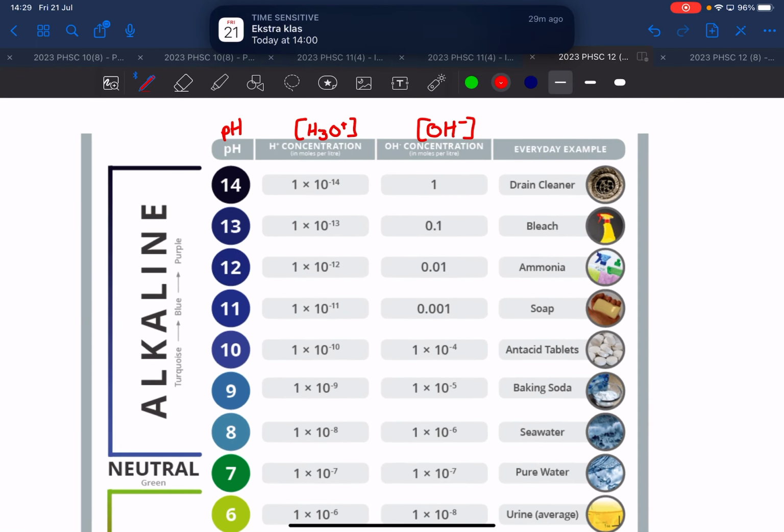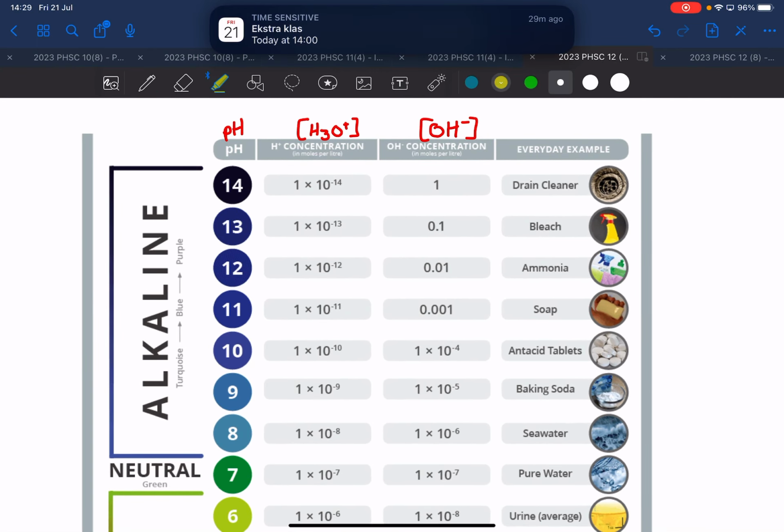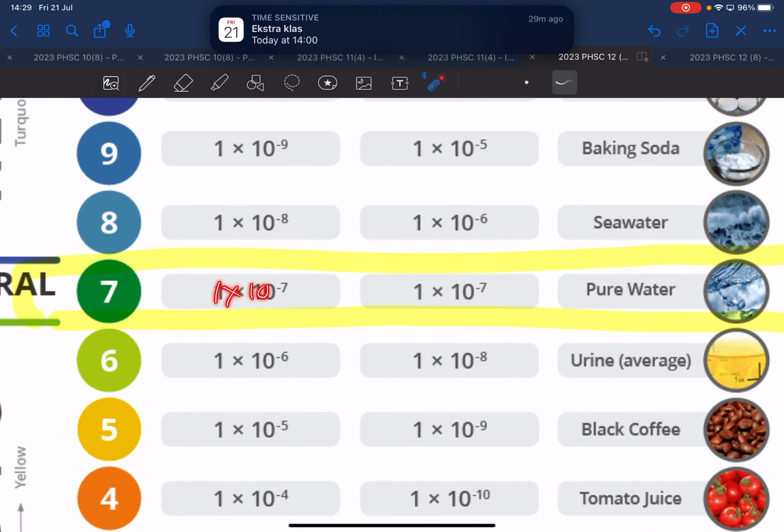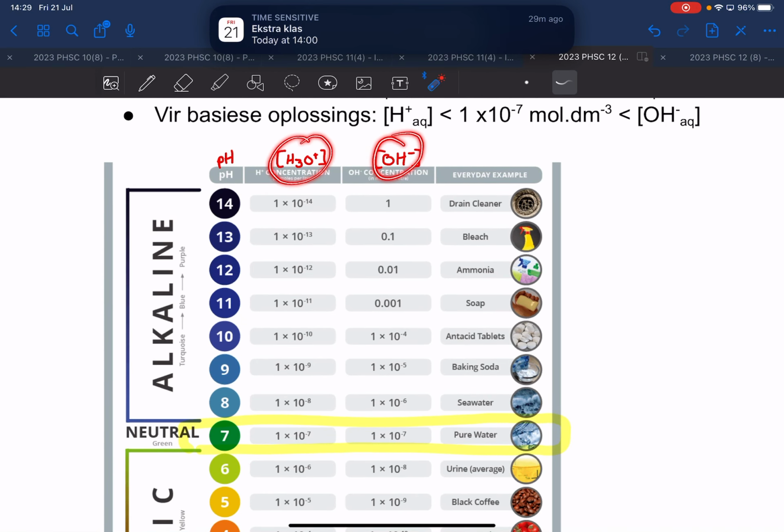If you look in the middle, there we have pure water, that is neutral. So the pH is around 7. For a pH to be 7, it will be neutral. And you can see it's 1 times 10 to the power negative 7 for both. So the concentrations are the same, times 10 to the negative 7.